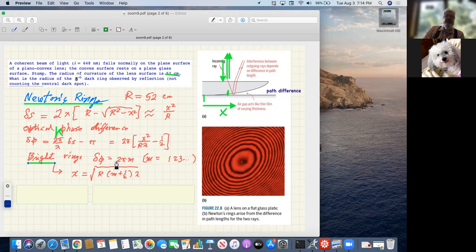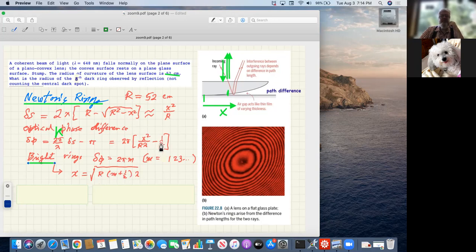So if delta phi is 2 pi m or 4 pi m or 6 pi m, the two outgoing waves are completely in phase. They will undergo constructive interference. So if I solve this equation where delta phi is 2 pi m, I find that x, the radius, is r times m plus a half.